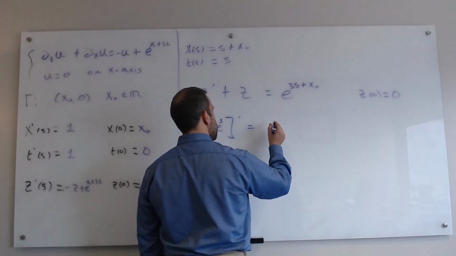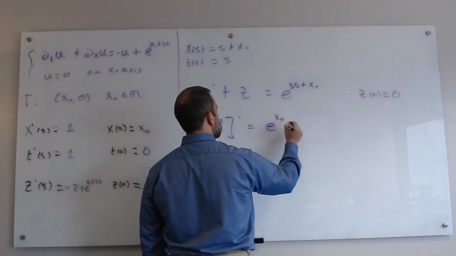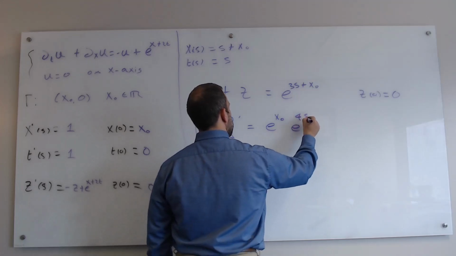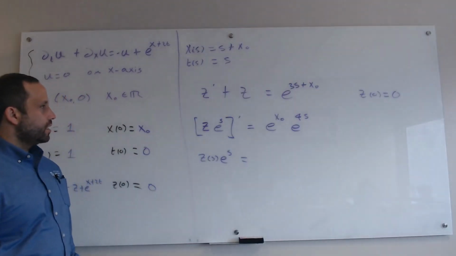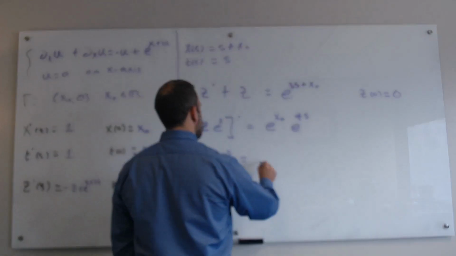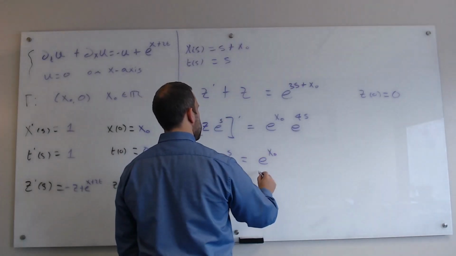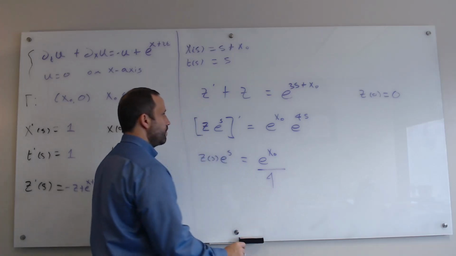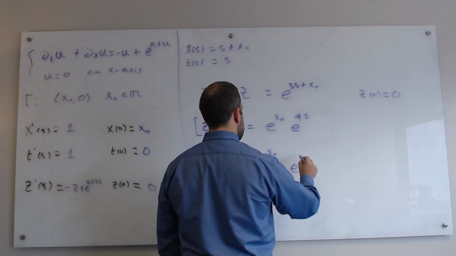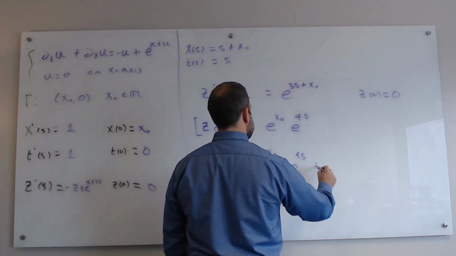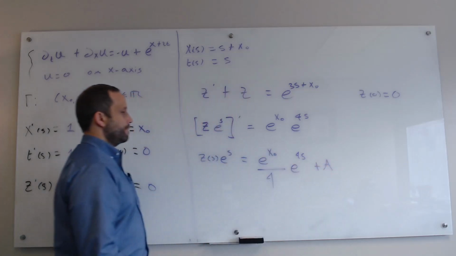It might be a little bit easier to write it as e to the x naught, e to the 4s. E to the x naught is a constant, so we're going to have e to the x naught divided by 4 times e to the 4s plus a.